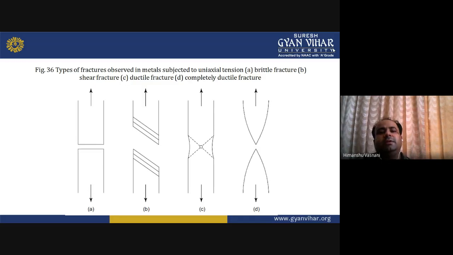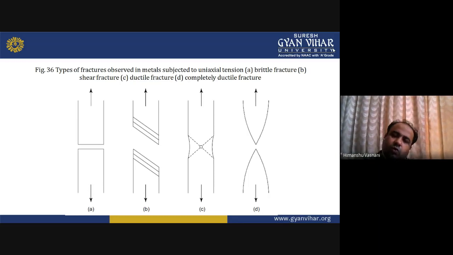Right, A is the brittle fracture, B is the shear fracture, C is ductile fracture, and D is completely ductile fracture. In C and D, you can easily see that ductile fracture is happening. The neck has been formed, and in D, at the neck the fracture takes place with a little sound, and the complete ductile fracture happens.